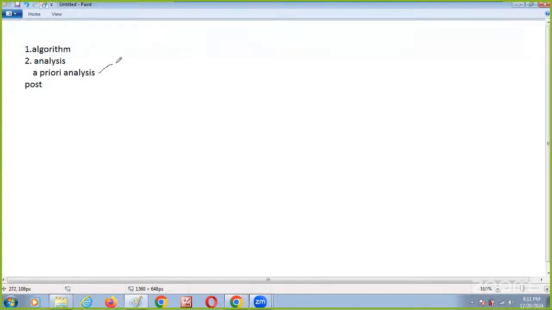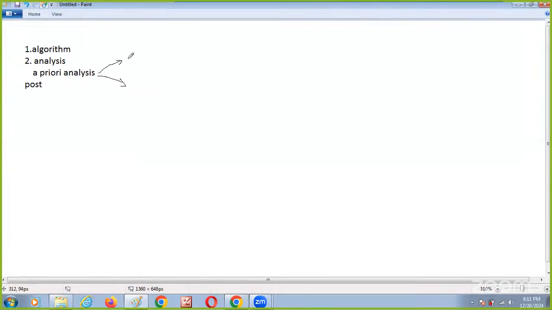The posteriori analysis is done after running the program, because posterior means after. That means we have to design the algorithm, implement it, and write the program. And what is the disadvantage of the posteriori analysis?